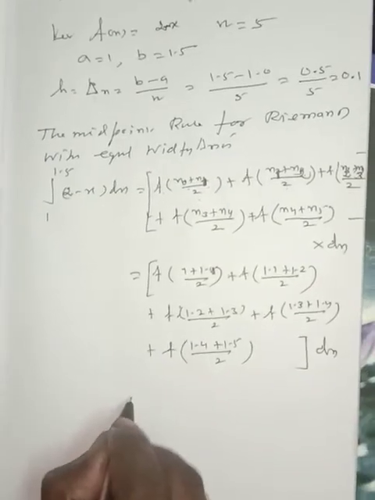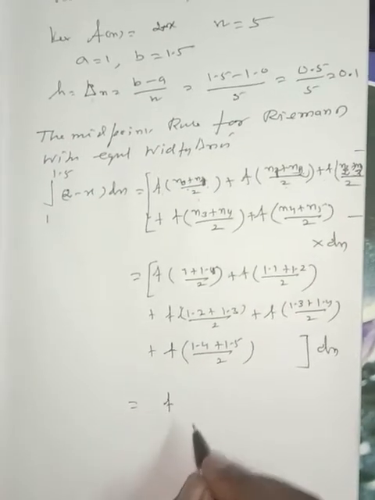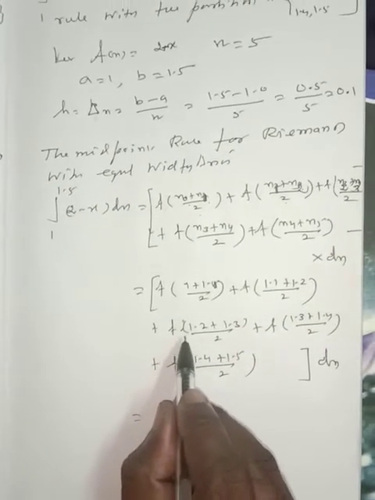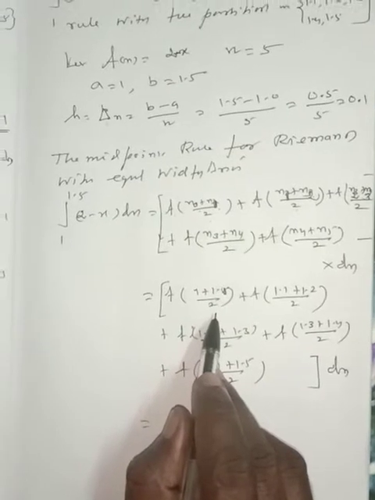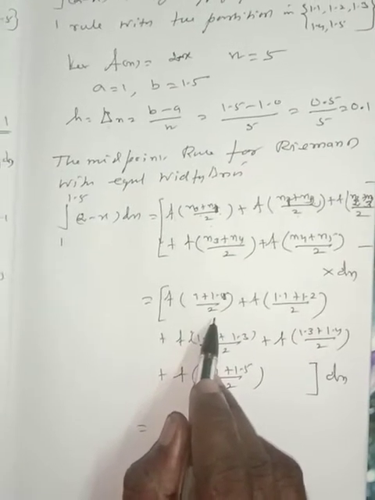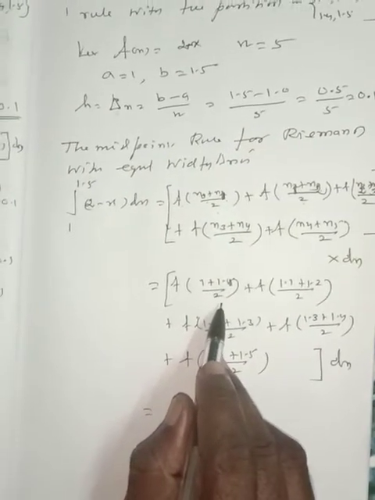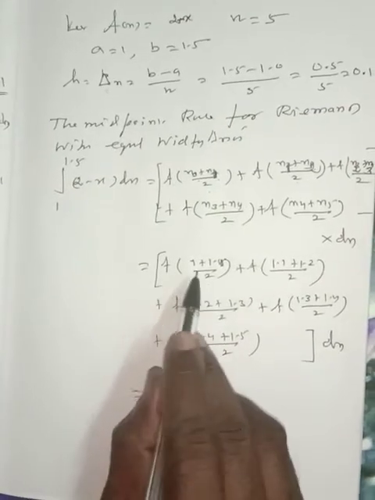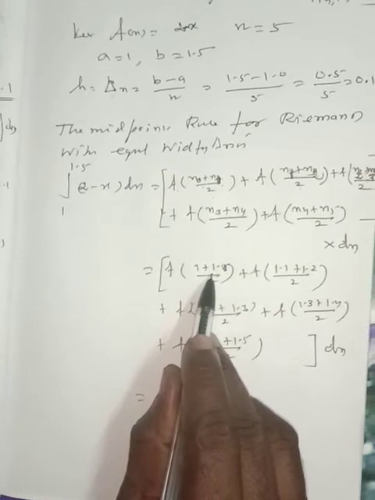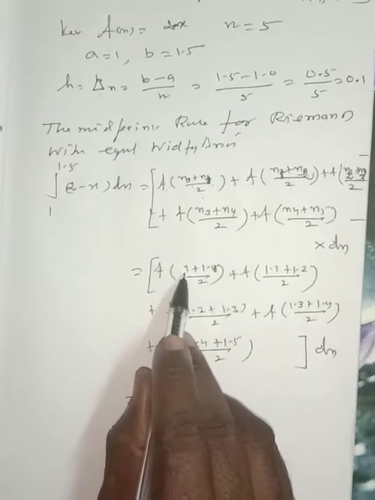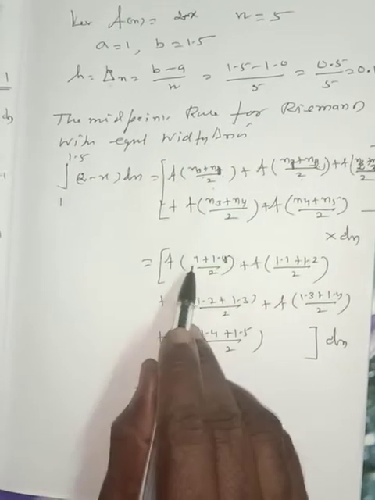Okay, now 1 plus 1.1 is 2.1 divided by 2 is 1.05.